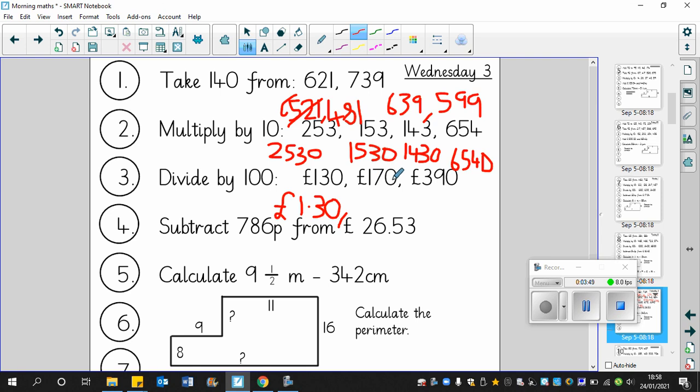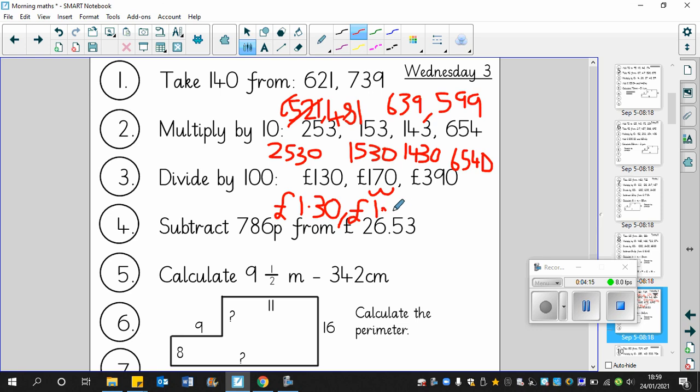Now £170. Let's start with the 100 first. The digit 1 will move 2 columns, so it will now move into the ones column. So we put a pound sign there and we put 1 there, and because it's in the ones column, the thing next to it is going to be the decimal point.